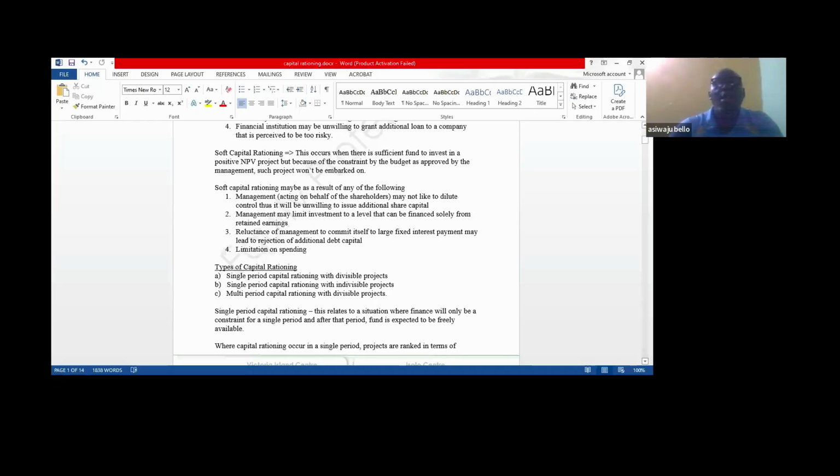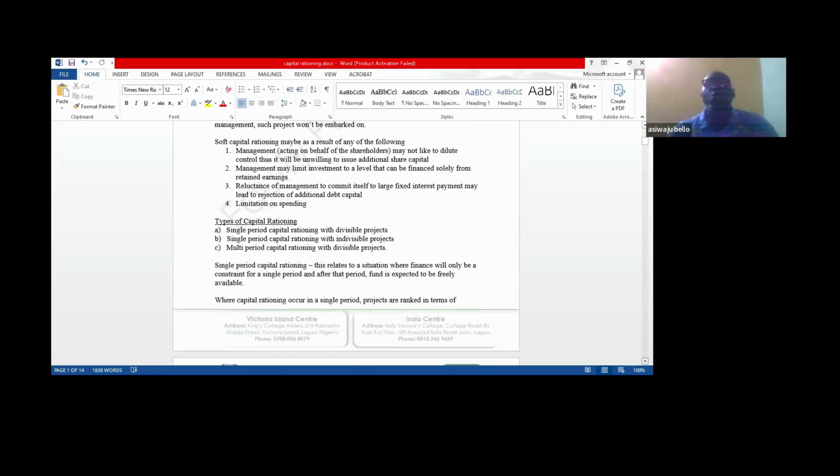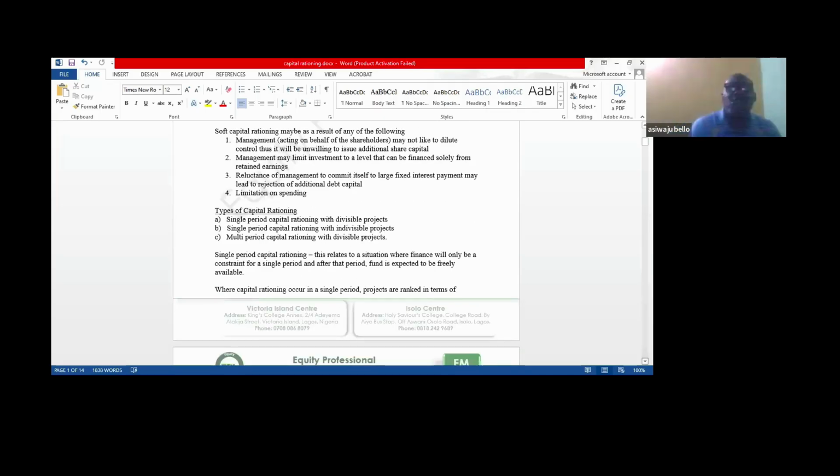Our next discussion. We have explained the nature of capital rationing, hard capital rationing or soft capital rationing. Now, types of capital rationing.